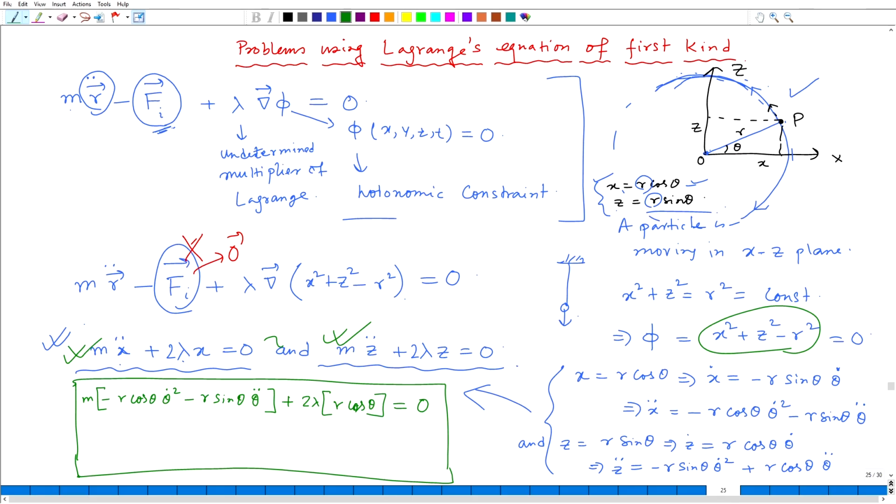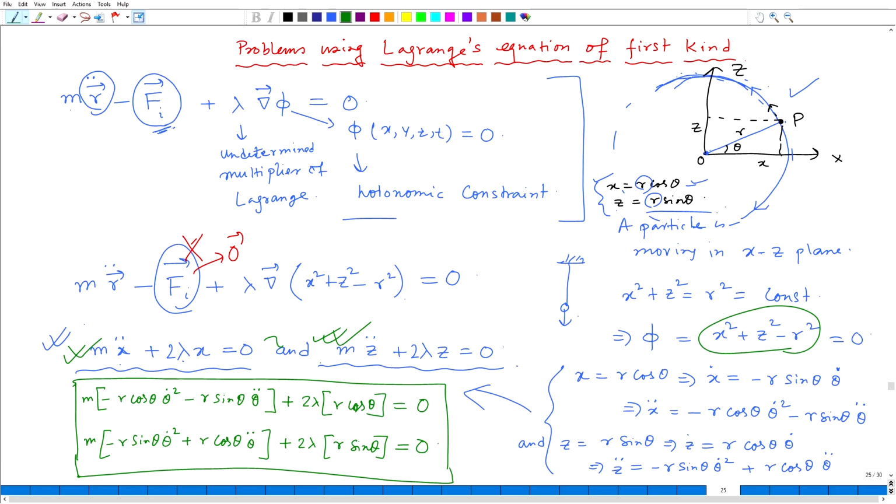I have also from this z equation, m times minus r sin theta theta dot square plus r cos theta theta double dot. Then I will have plus 2 lambda r sin theta, which is equal to 0.